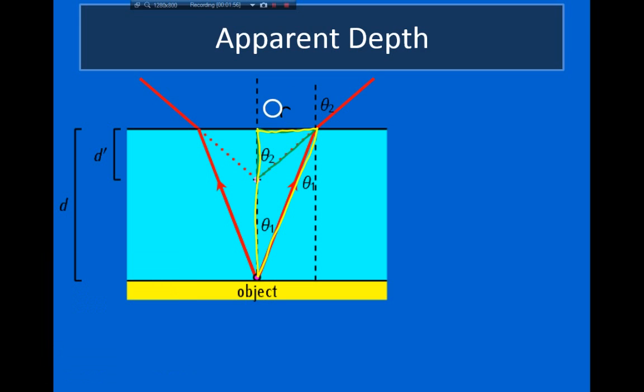So again, we can use this then to relate these two triangles. Now notice that this angle theta 2 is the angle of the light that's transmitted from water into air, and this angle 1 is my incident angle. Notice that this angle 1 is the same angle that forms in this triangle right here, and this transmitted angle is the same angle that forms in this triangle up here.